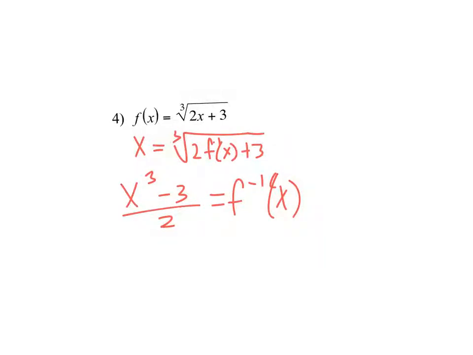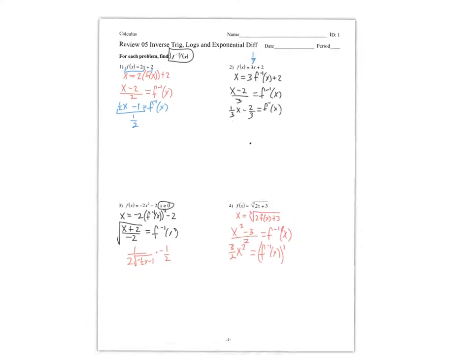Taking the derivative, that would be 1/2 times 3, so 3/2 x squared, and then the other part zeroes out. And that would be f inverse of x prime. About my least favorite notation in the world has to do with inverse stuff. Next up, we have some derivatives of inverse trig.